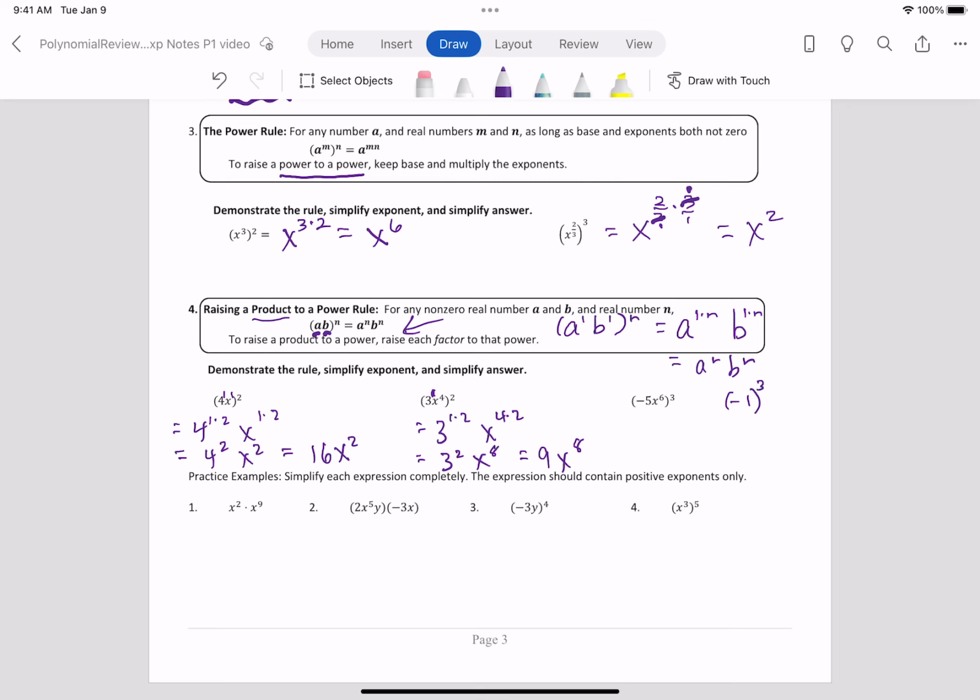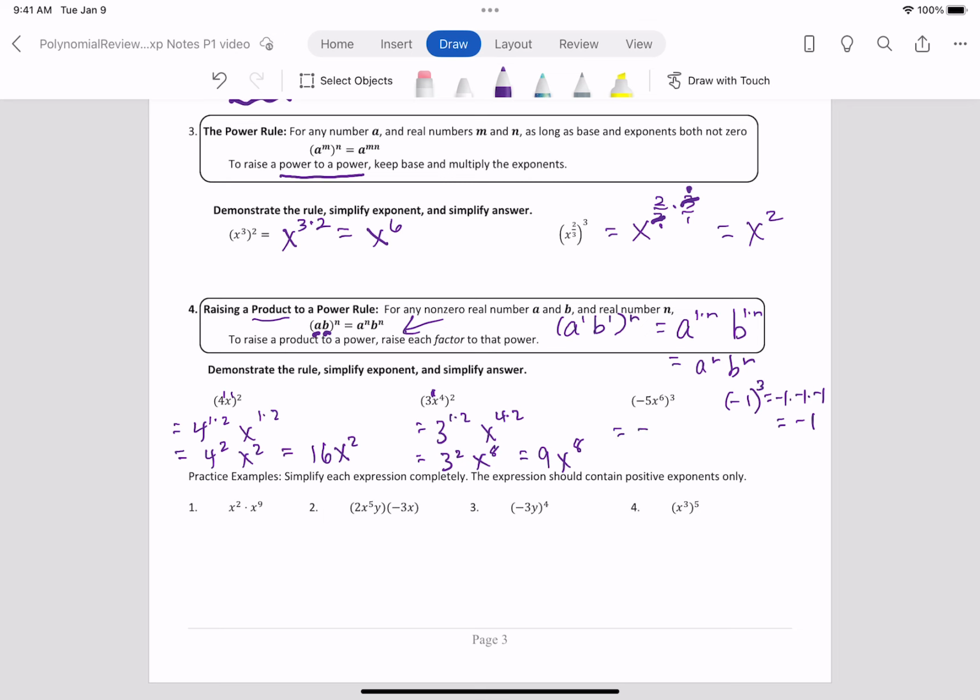And if I asked you what negative 1 to the third power is, that would mean to multiply negative 1 times itself 3 times, and that just gives me a negative 1. Well, that's a general thing, not just to the third, but a negative raised to any odd power is going to end up still being negative. So what that means is my answer is going to be negative.